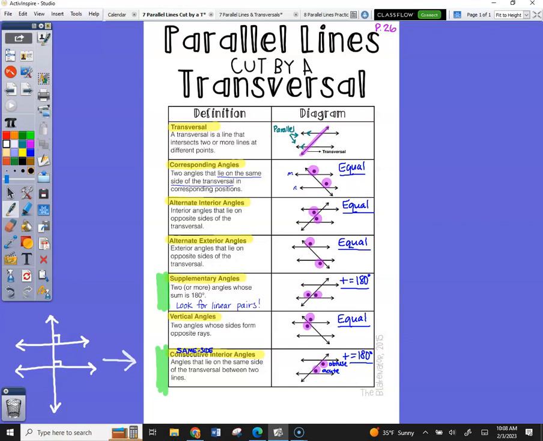Perpendicular. If it runs at a 90-degree angle with those parallel lines, then that means this is 90 here, which means this would be 90 there. That is the only time that the same side interior pair of angles is not acute and obtuse. In this case, they are equal. This is the only special case scenario where they're actually equal to each other. But all of the others that we're going to practice, one of them's acute, one of them's obtuse. Okay?